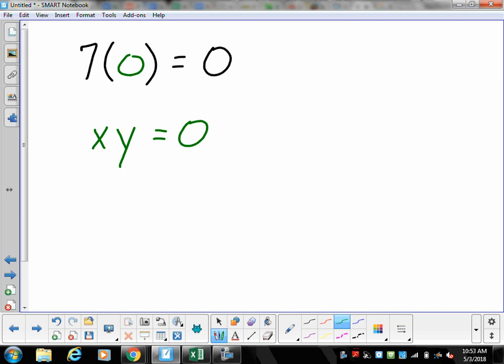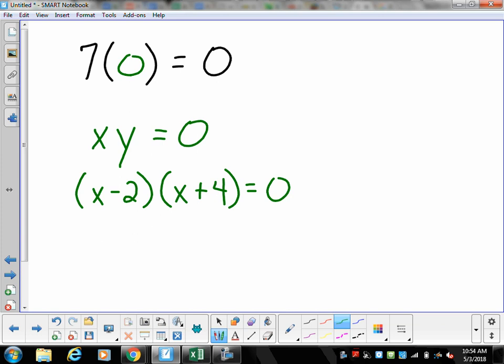All right. So if I have this equation, what's different about it than the xy equals 0? There's a little bit more to it, right?